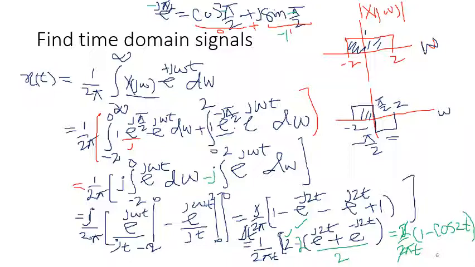So the final answer is x of t. Should I write here? X of t equals, this 2 cancels, so we have pi by t, this 1 minus cos of 2t.